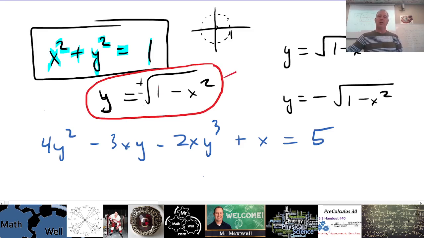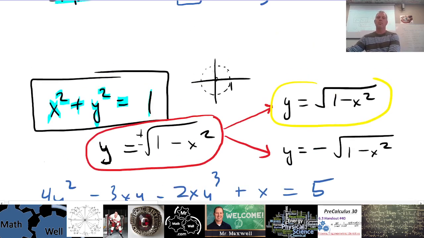And it is understood that actually this becomes two parts, the positive part and the negative part. So the top part here, like let's say the yellow part here, would be the positive or the top part of the circle, okay? And the blue part down here, the negative part, would be the bottom part of the circle.